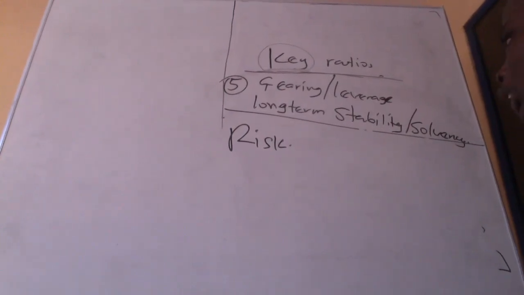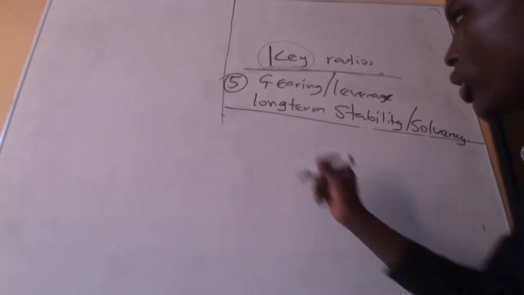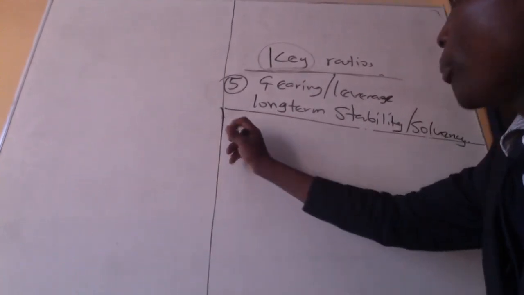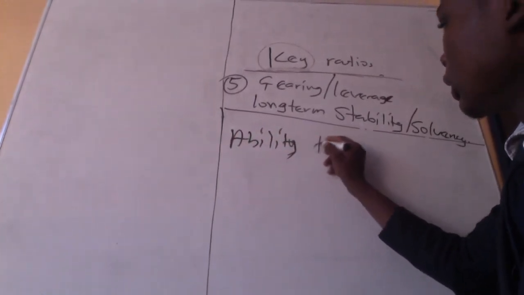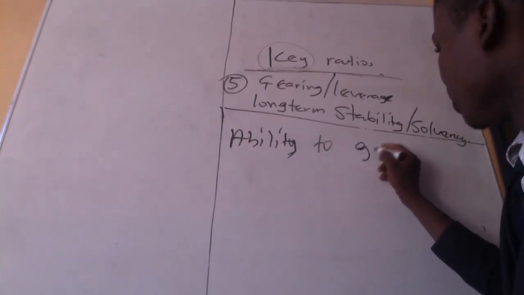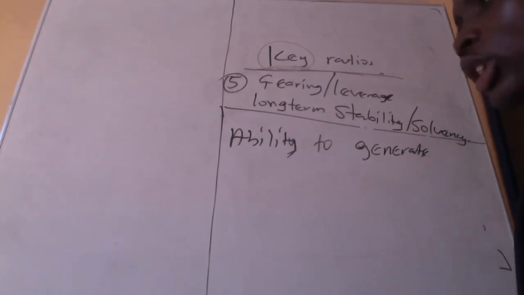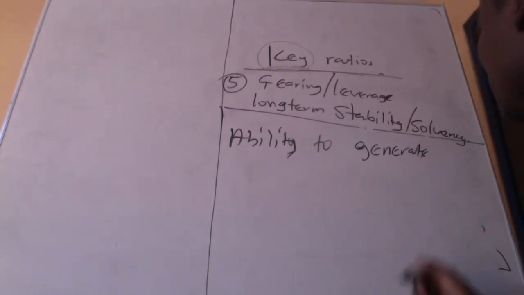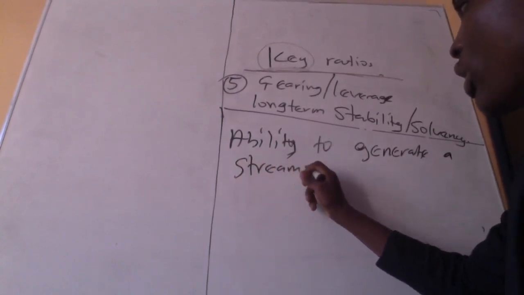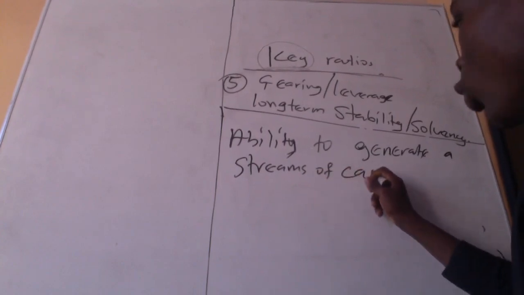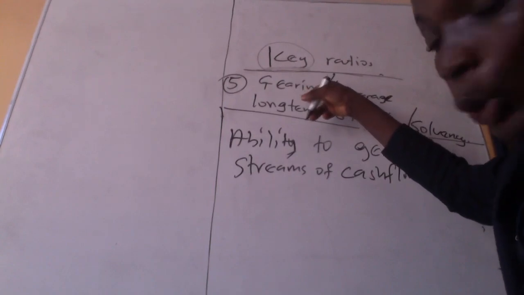Good. So now let me define the gearing level for you, or gearing ratios. This ratio analyzes the ability to generate streams of cash flow, because this one is long-term liquidity.